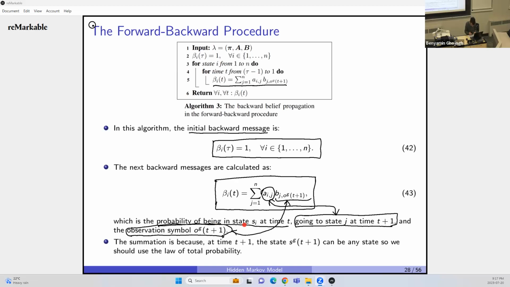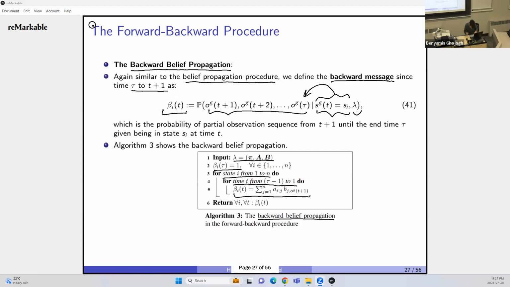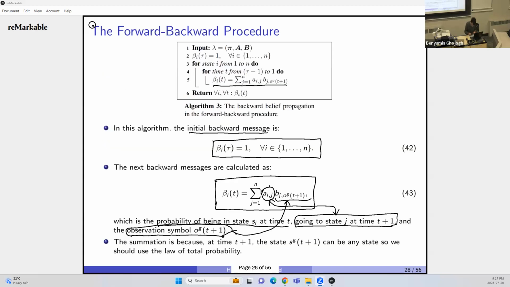And the probability of being in state Si at time t, yes, because I go from Si to Sj, right? Okay, and this summation is because at time t plus 1, the state can be any state. I have the observation sequence, but the state sequence can be anything, right? So we should use the law of total probability.